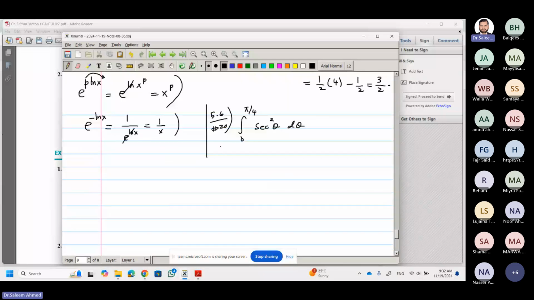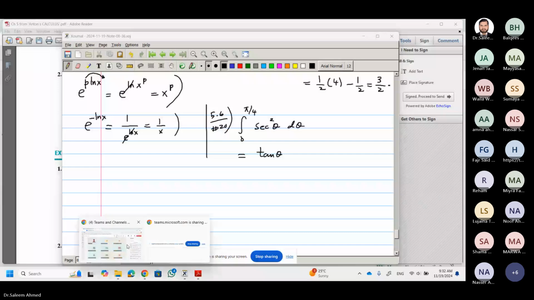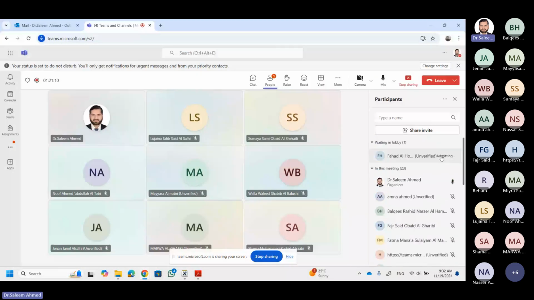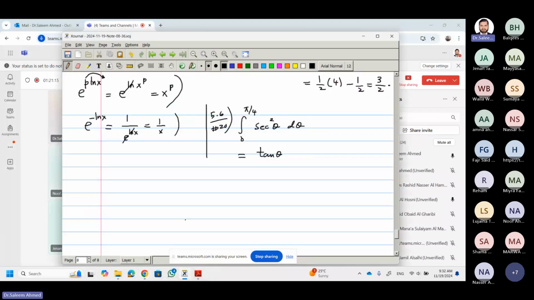So we know that the integration of secant squared theta is tangent theta. Theta from 0 to pi by 4.